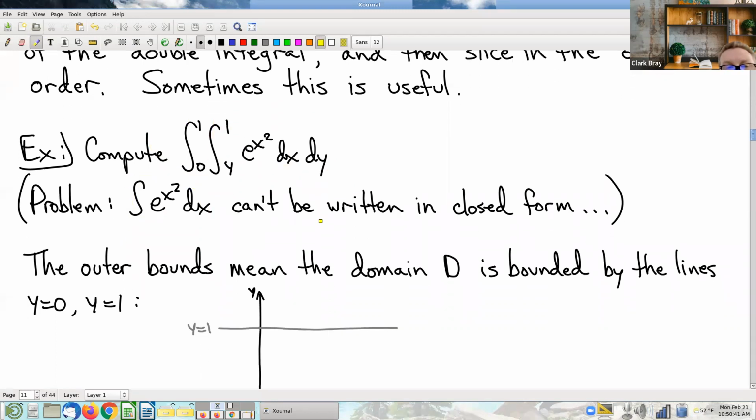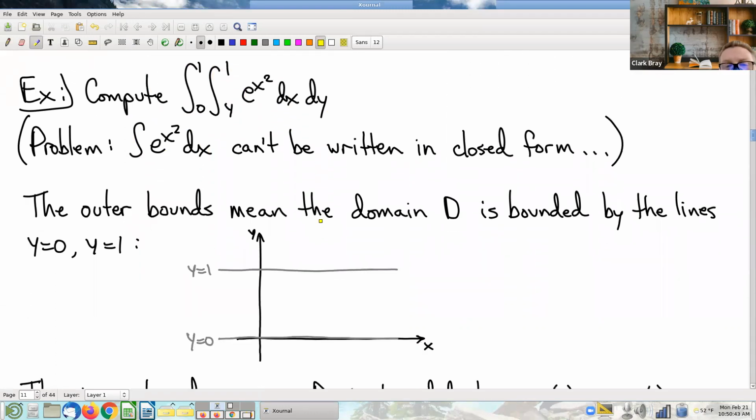So what we're going to do is change the order of the differentials, change the order of the slicing. And what I'm going to do is reverse engineer from the bounds corresponding to these differentials what the domain is for the original double integral that this came from.